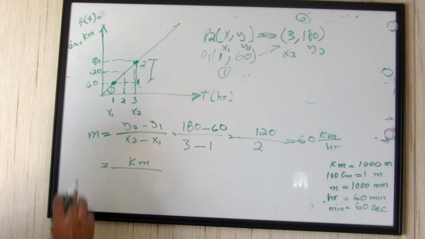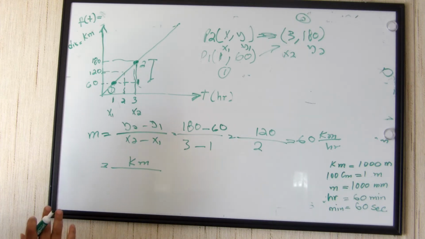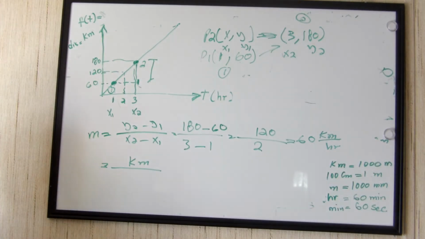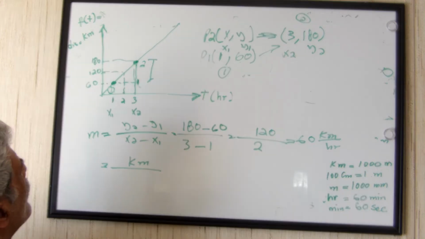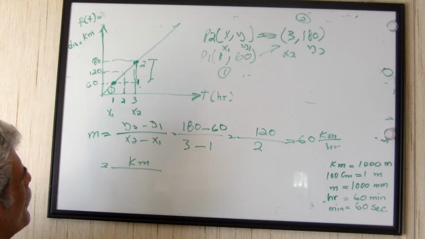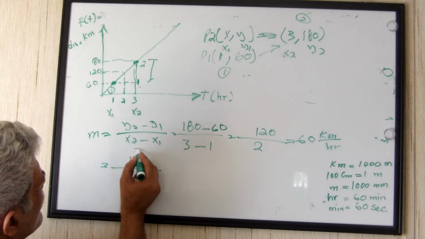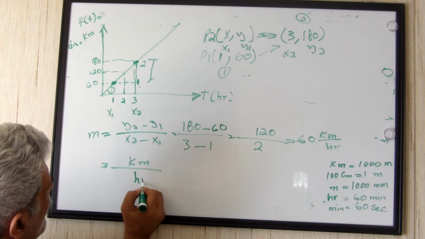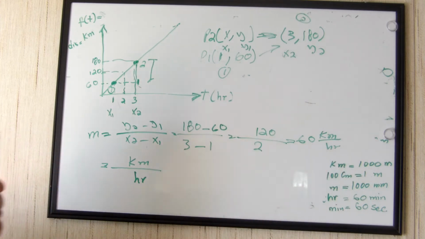And the speed of the car when it started is 60 kilometer per hour. So in 3 hours the distance this vehicle has gone is 180 kilometers. This is kilometer, and this one is t. T is in hours. So 60 kilometer per hour.